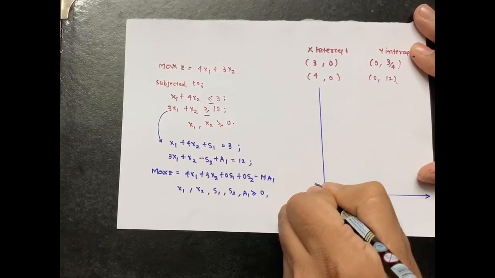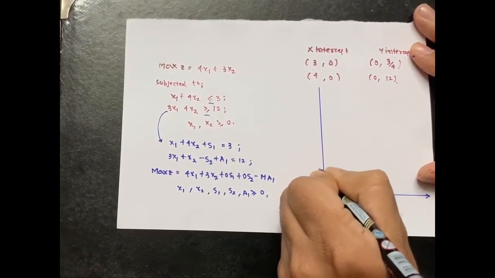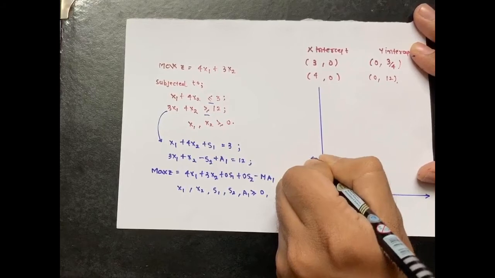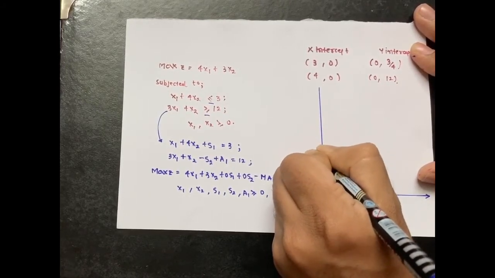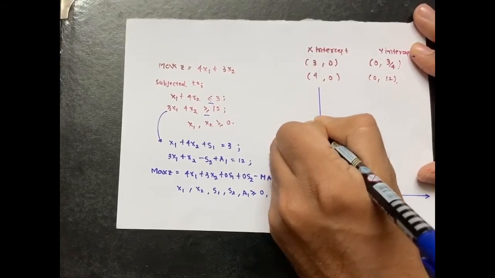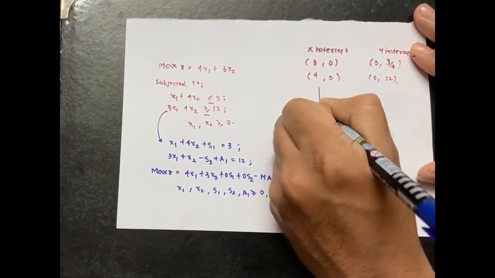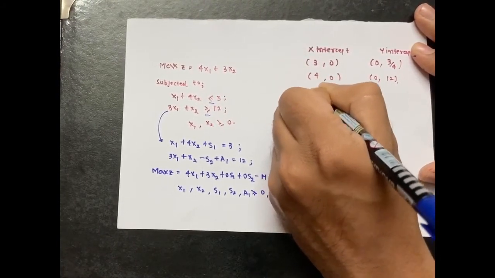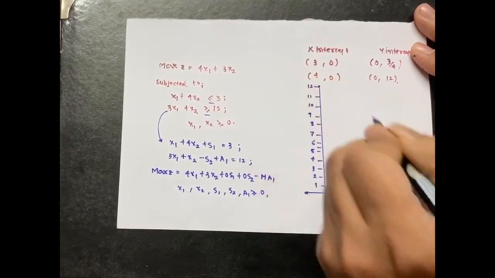The vertical axis I have up to 12. So these are all the points.